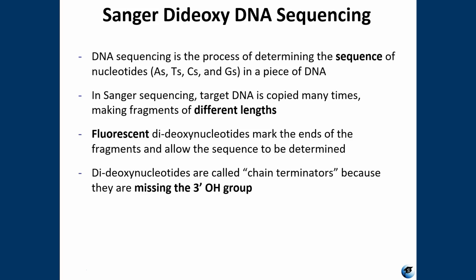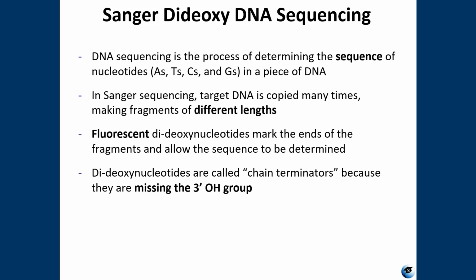This method involves DNA replication of a single-stranded template with the use of a DNA primer to initiate synthesis of a complementary strand, DNA polymerase, a mix of the 4 regular deoxynucleotide monomers, and a small portion of dideoxynucleotides, each labeled with a fluorescent tag or a flag, the ddNTPs.